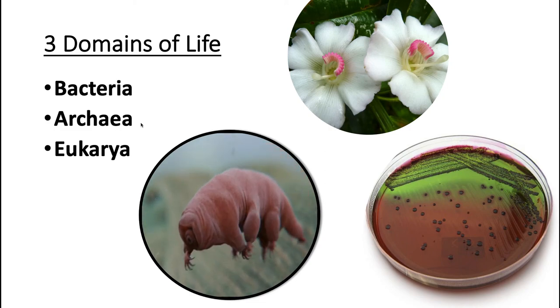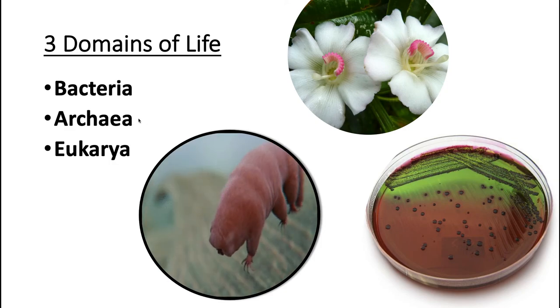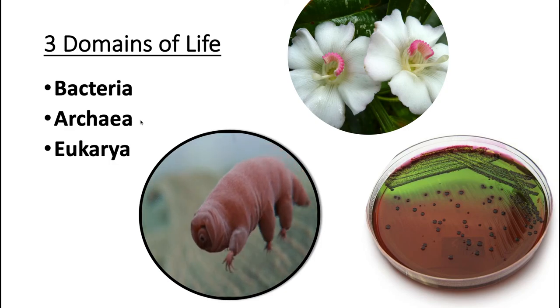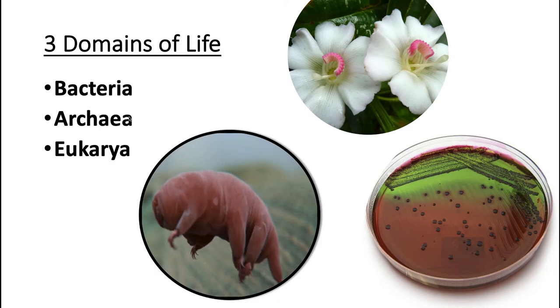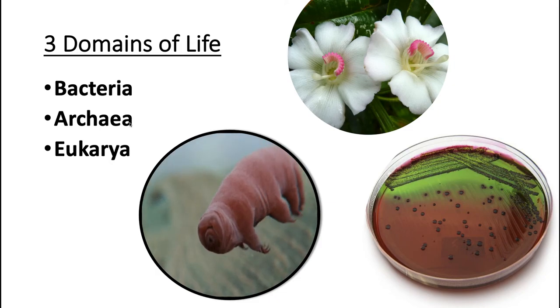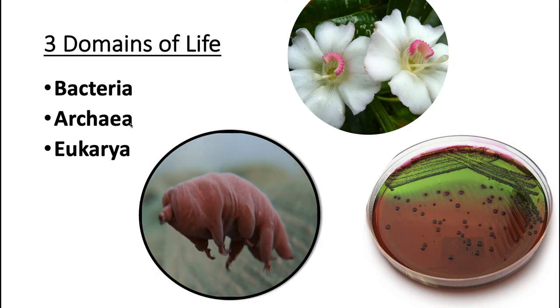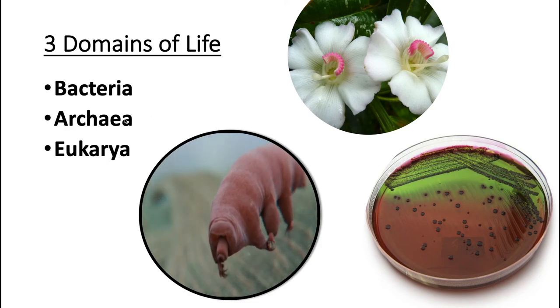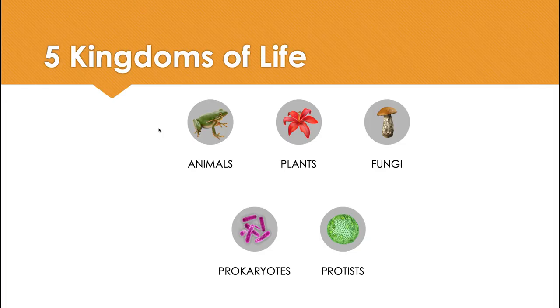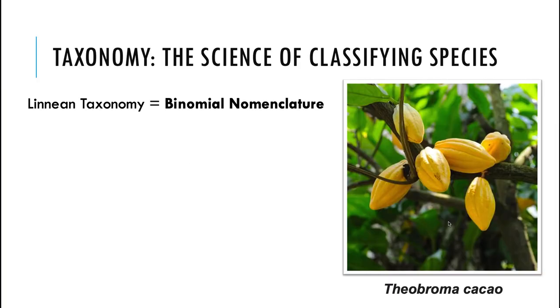They're extremophiles. They can survive high pH situations, low pH situations, very salty environments, very hot, very cold, very intense. So pretty much anything. So then there are 5 kingdoms of life that you need to know. So animals, plants, fungi, prokaryotes, and protists. And we will touch on every single one of these kingdoms throughout the semester.